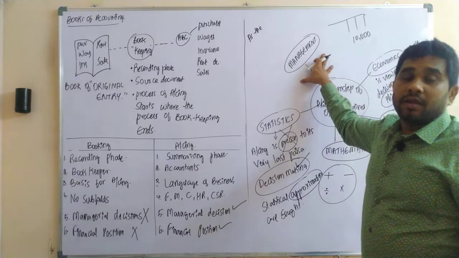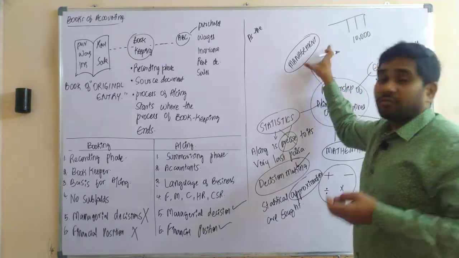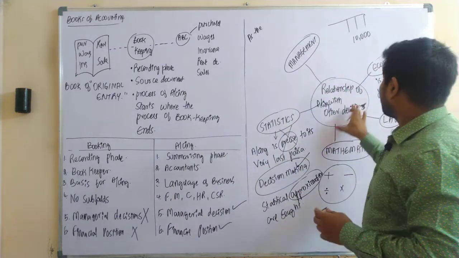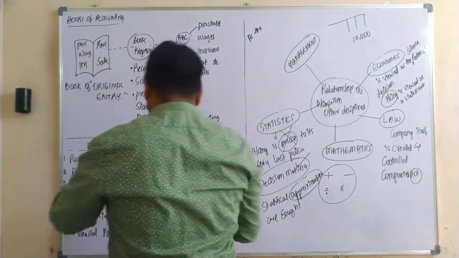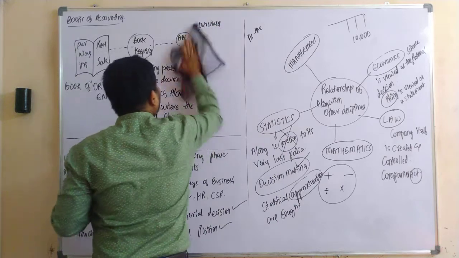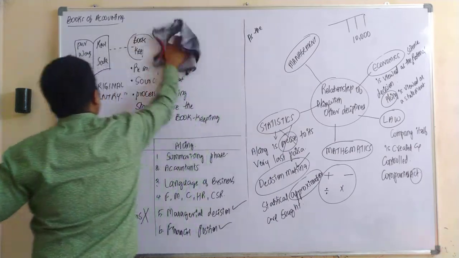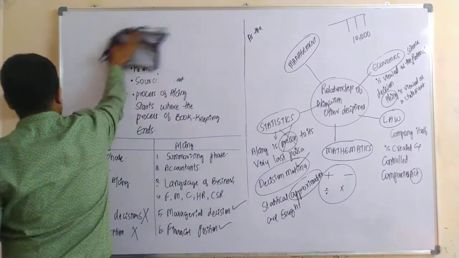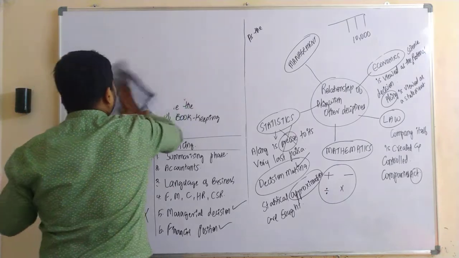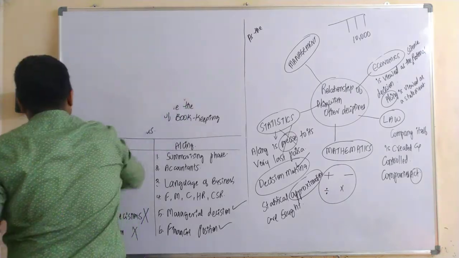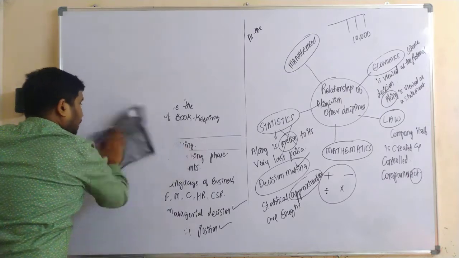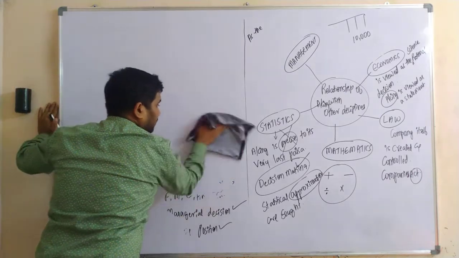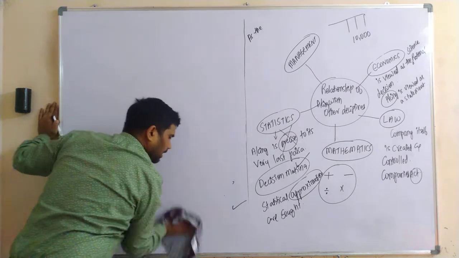So this is nothing but the relationship between your accounting and other disciplines. The other disciplines are nothing but your economics, law, mathematics, statistics, and your management. Now let's continue.